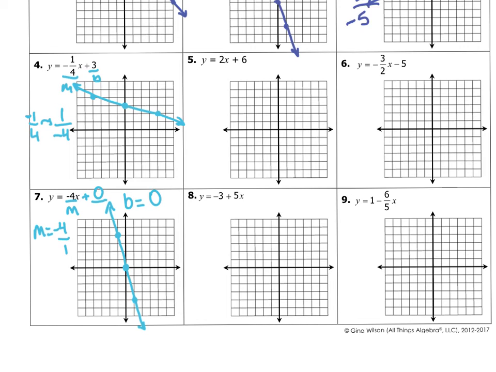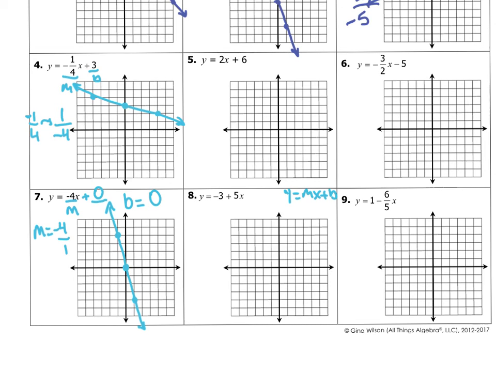Now the honorable mention that is number 8 is simply this. Normally our equations look like y equals mx plus b, right? Now this one looks a little bit different because we see the x here, and with it the 5. Before that, we have the negative 3. I'm just trying to show you this because the order is simply backwards.